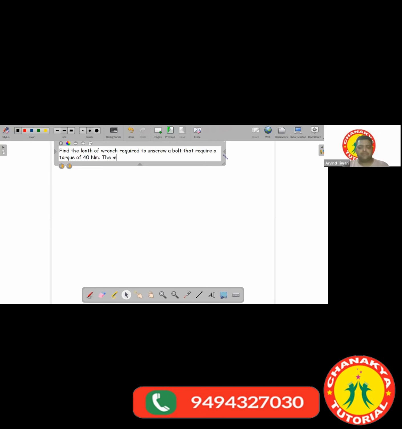The maximum force that can be applied is 25 Newton. Consider force to be acting perpendicular to it. So find out this.